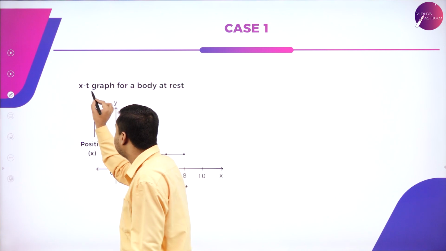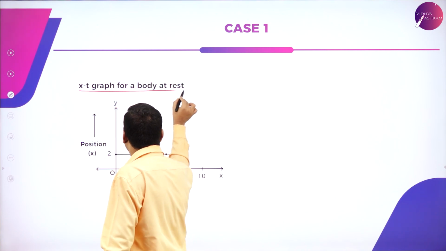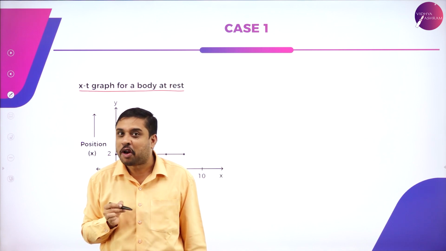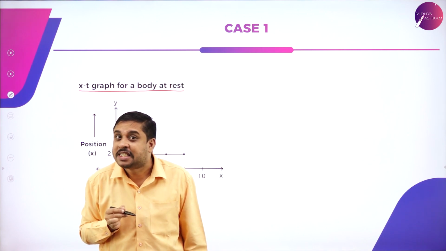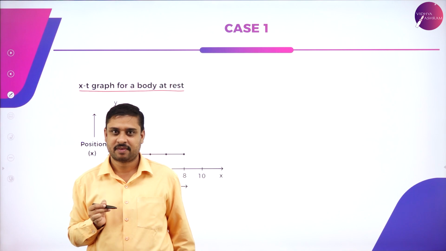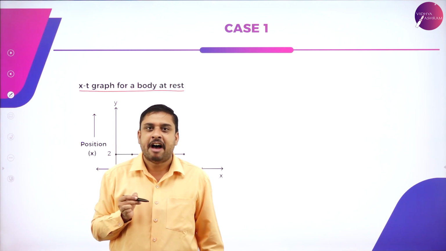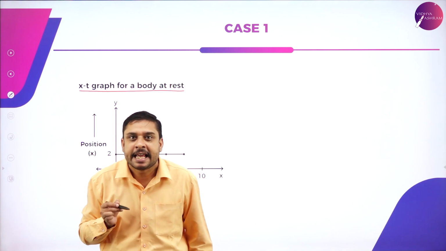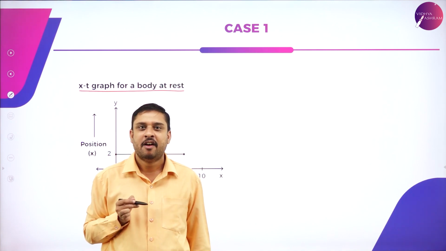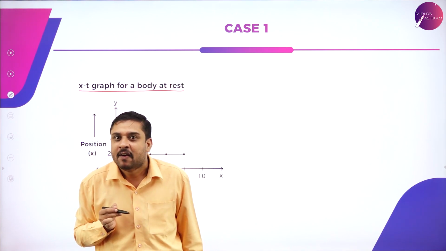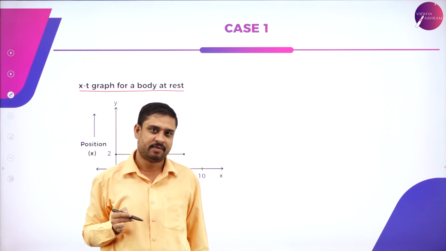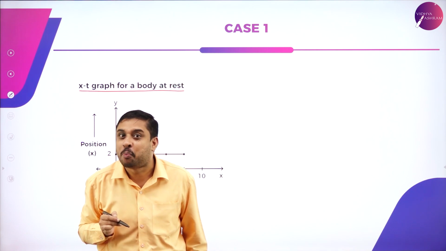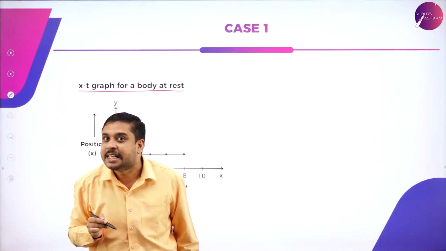Now let us understand position time graph for various situations. The first case, xt graph for a body which is at rest. I have to plot position time graph for a body which is at rest. I told with respect to position, what is rest?